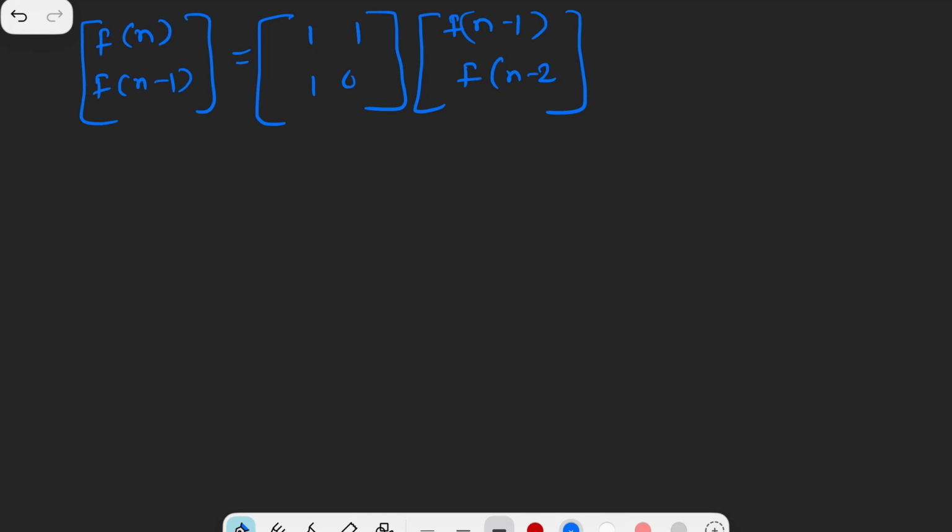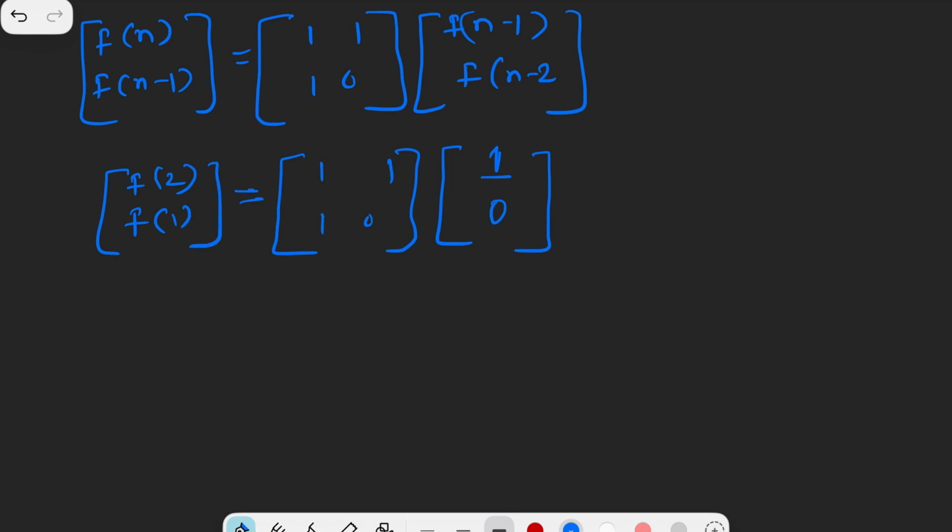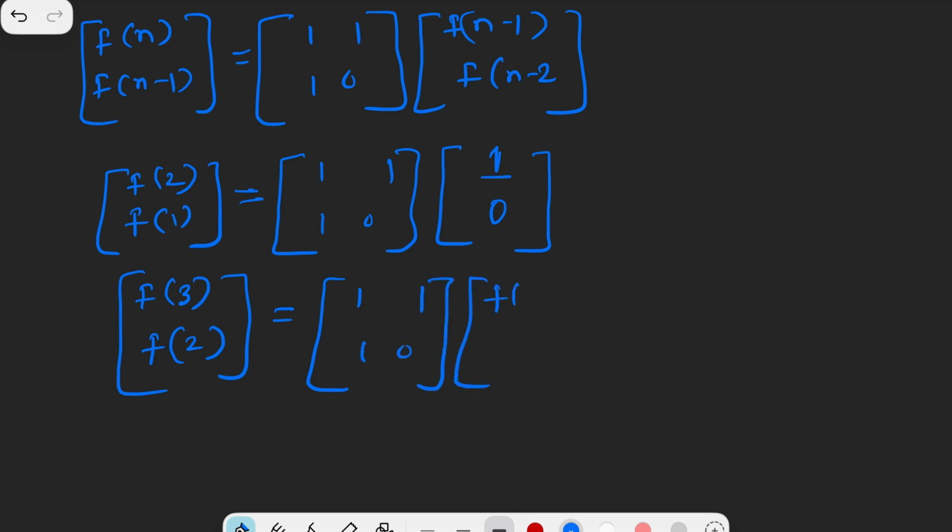The base condition we do know: f of 1 is going to be 1 and f of 0 is going to be 0. So if I write something like this, you will get f of 2 and f of 1. Let's say they want to compute f of 3 and f of 2. How will it look? Well, it's going to be 1, 1, 1, 0 multiplied by f of 2 and f of 1.